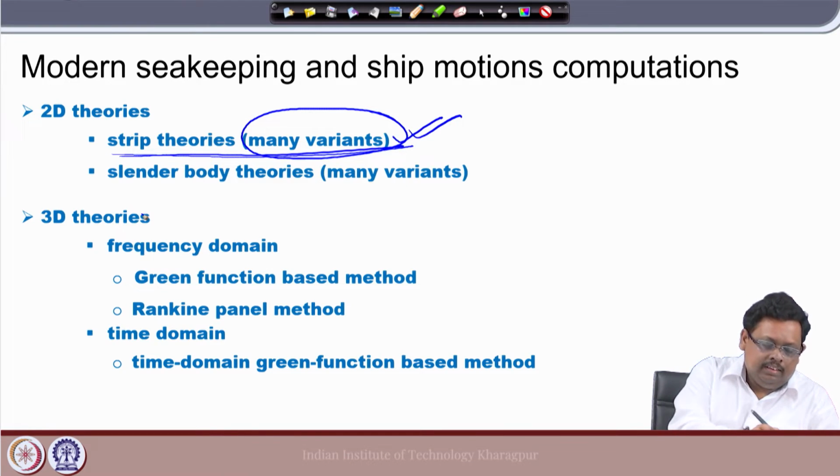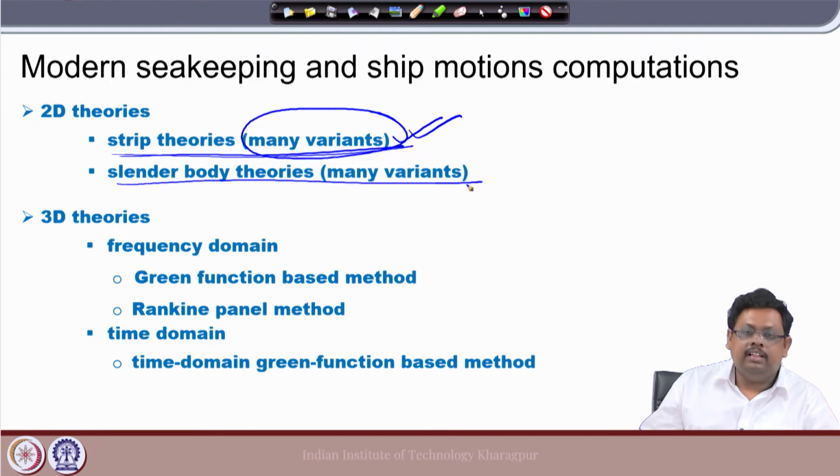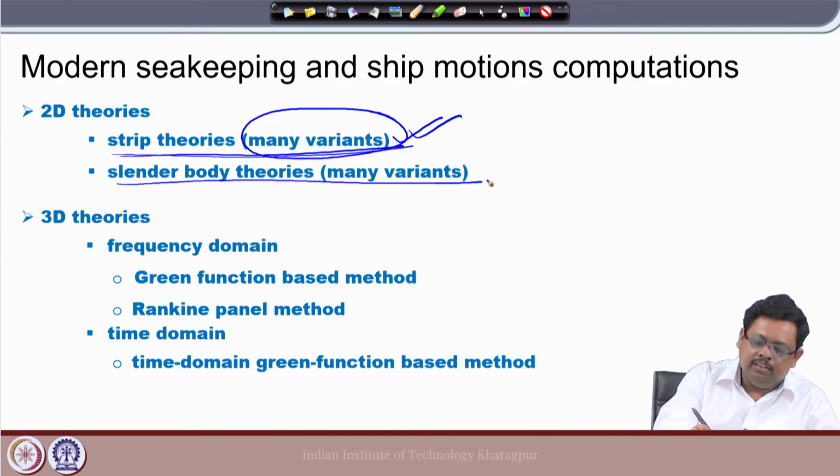In fact, there are also the slender body theories, and many variants are available. What is slender body? We are going to discuss it later on, but we do not discuss much on this part.